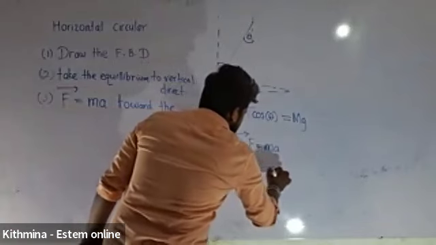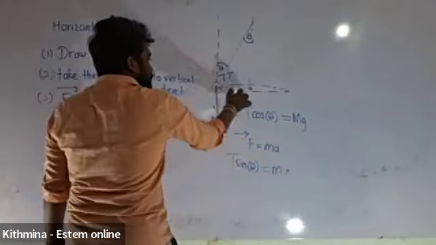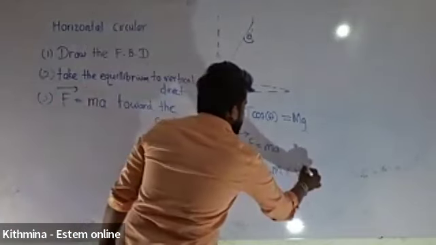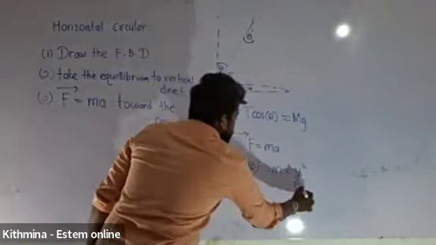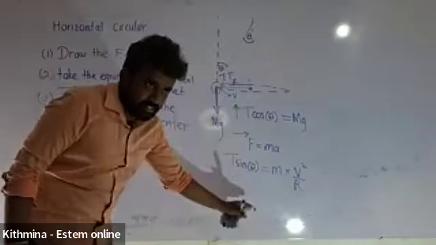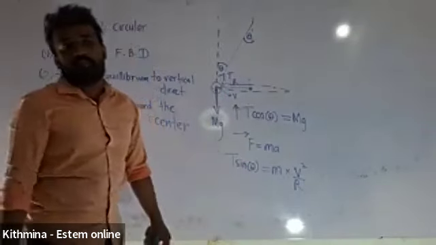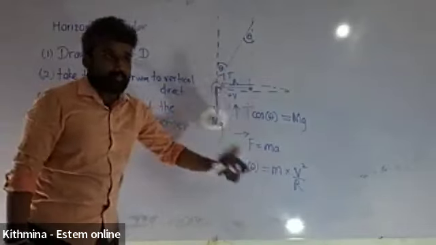T sin theta equals m v squared over r, if it is traveling with tangential velocity v and the radius is r. If you apply these three steps, definitely you can solve the problem.